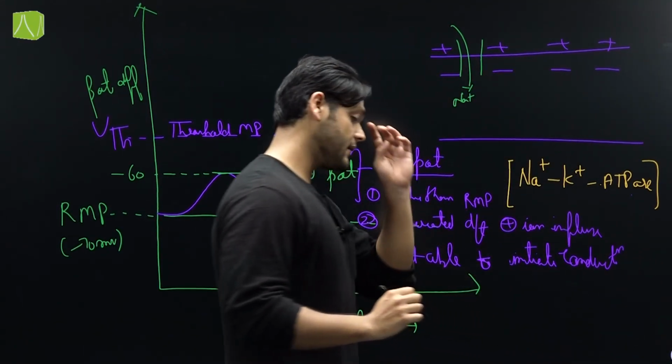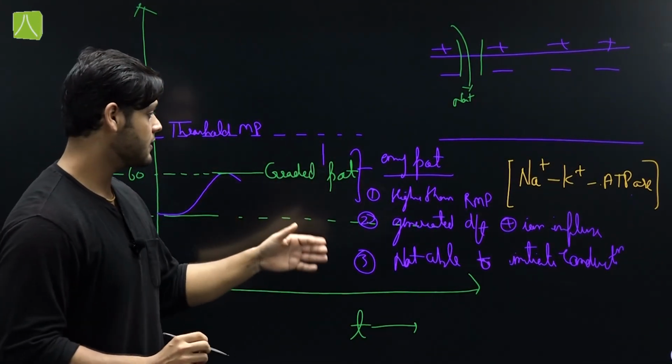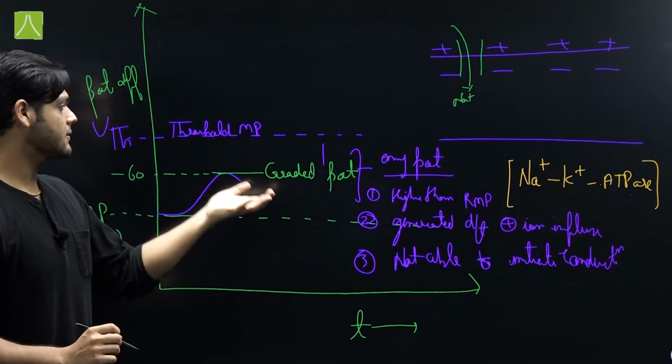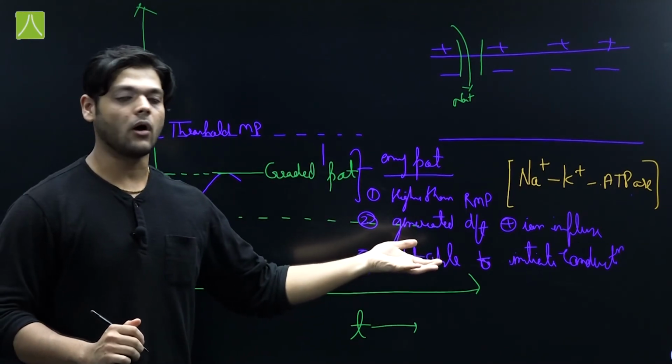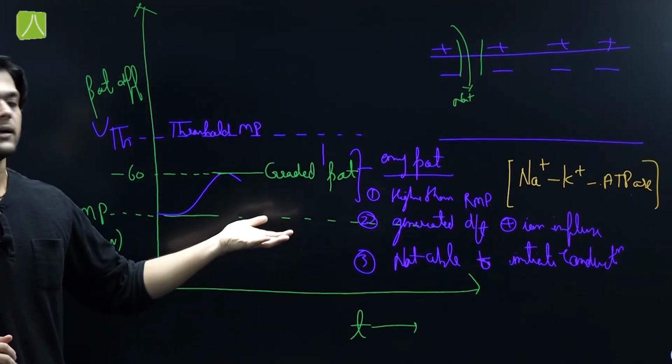And why is it incapable of initiating conduction? Because it is not of enough strength, that is of threshold value. So ion channels will not be opened on this graded potential.